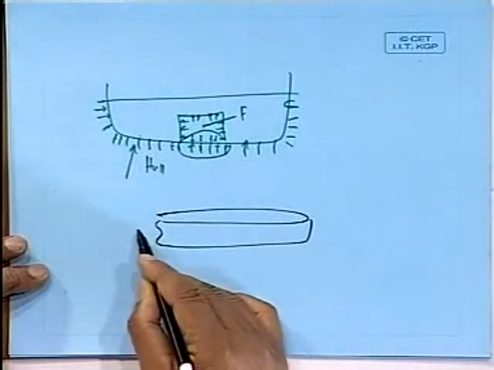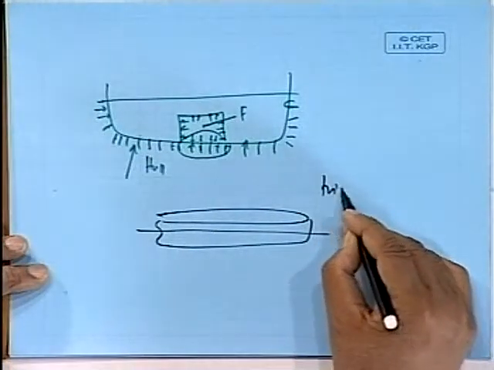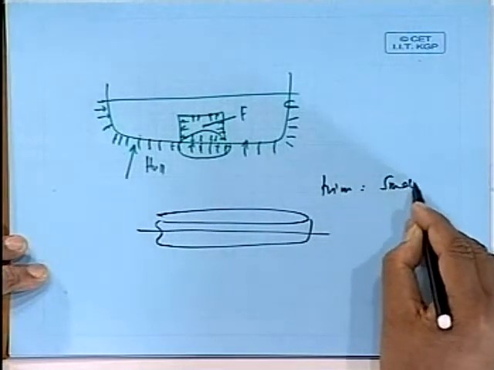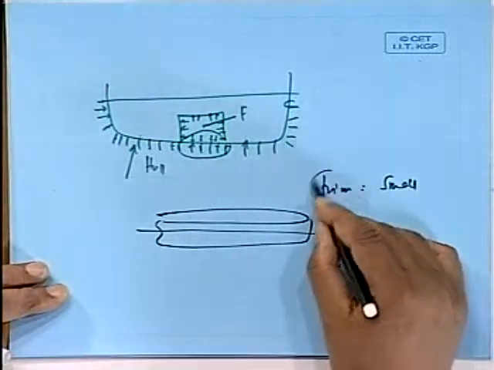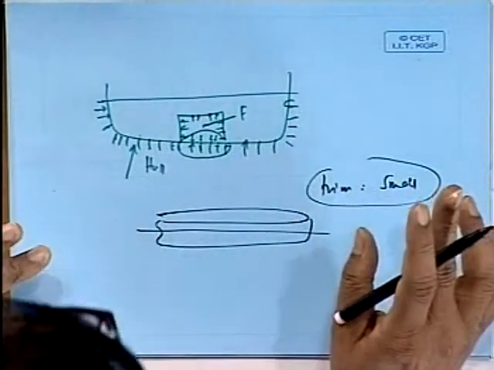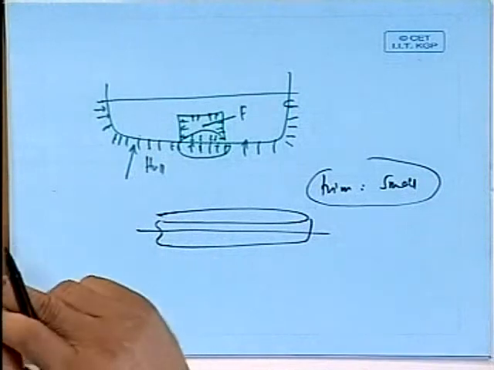The reason it becomes important is that in the case of offshore structures, unlike a ship where we always assume the trim and heel are very small, and this is implicit in all our calculation methods, that may not hold good here.